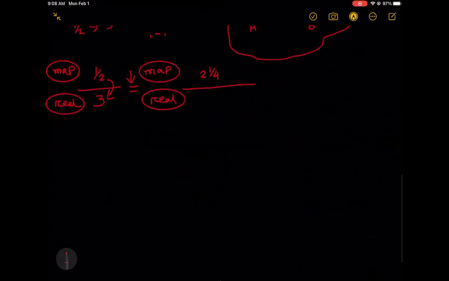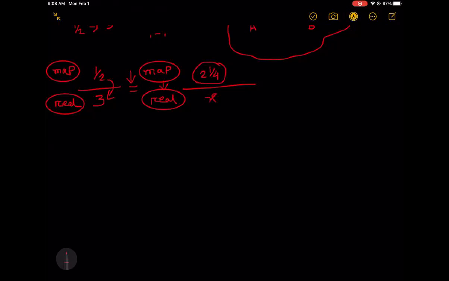So clearly, I'm taking the proportion of the length on the map and the real length. For 2 1/4 on the map, I'm actually looking for the real length. So let's say that unknown is X, because we don't really know that. What's the real length for that 2 1/4 inches on the map?